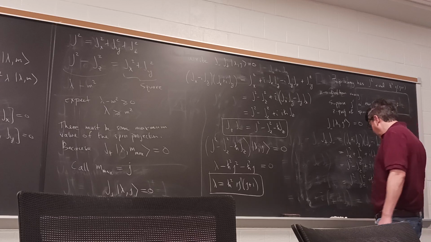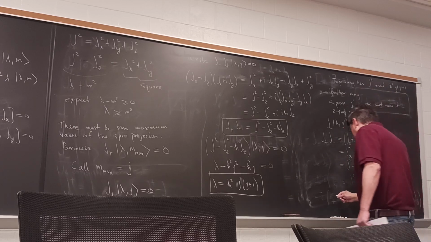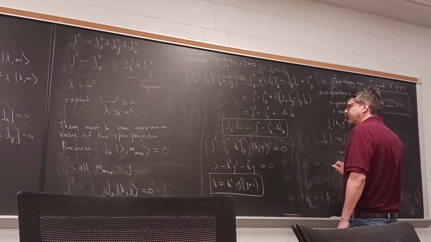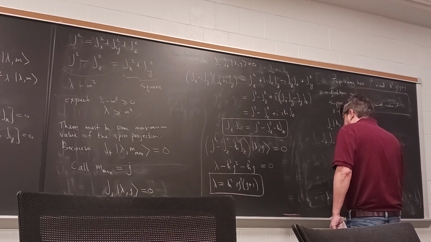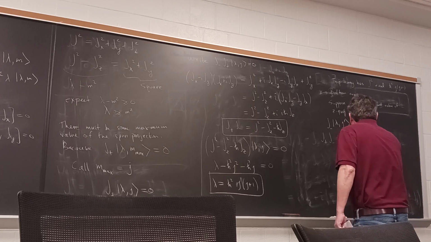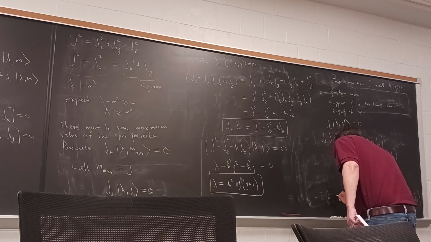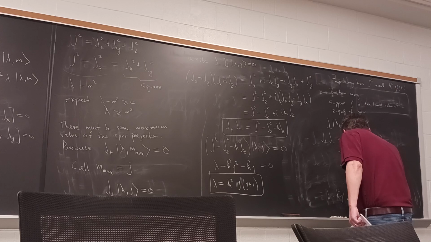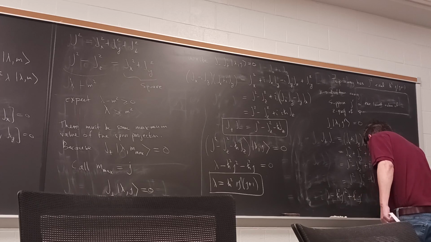And so when we let it operate on this ket, we'll get lambda minus h bar squared J prime squared plus h bar squared J prime.